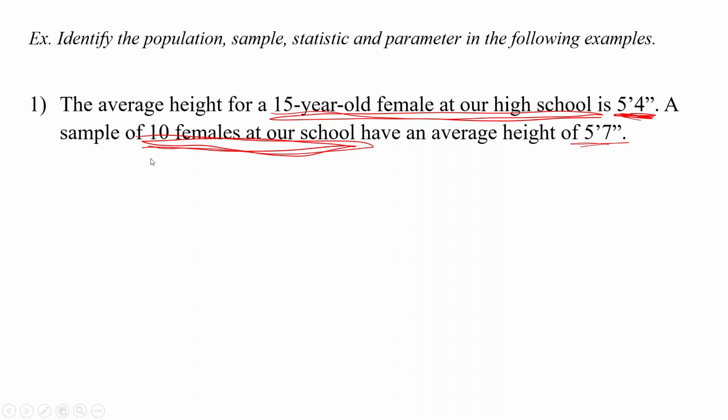That's something we always have to be aware of when we collect data for a sample. We want our sample to represent our population. So if it was just 10 females of whatever age, even staff members at our school, because it's not even specifically saying students at this point, it wouldn't accurately represent our population.